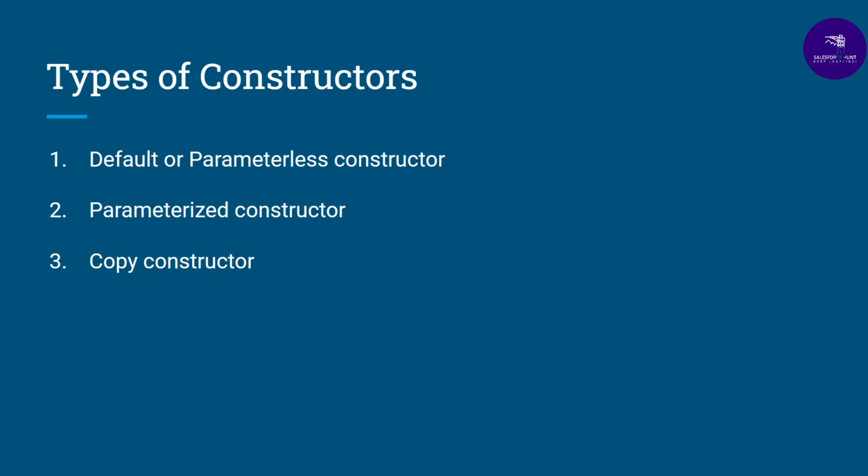The second is a parameterized constructor. Then the last one is a copy constructor. We will see one by one in this session how to work with parameterless as well as parameterized, and copy constructor as well.